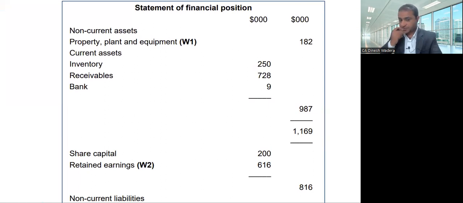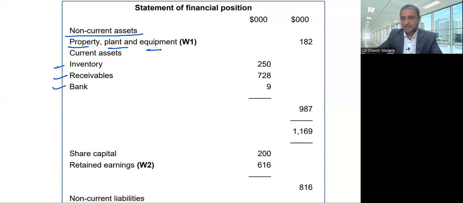Statement of financial position comprises current asset, non-current asset, current liabilities, long-term liabilities, and the capital. So first we will be assessing the components of non-current asset, which will have property, plant, and equipment, including land, of course. Then we will have current asset, which will include inventory, our receivable, means debtors, and our cash and bank balances.